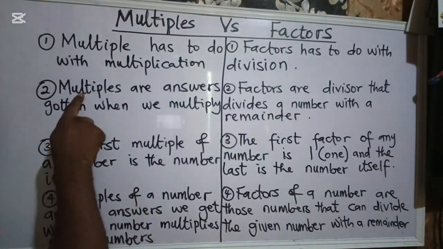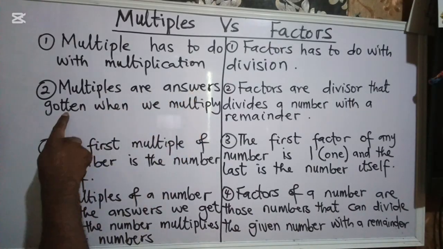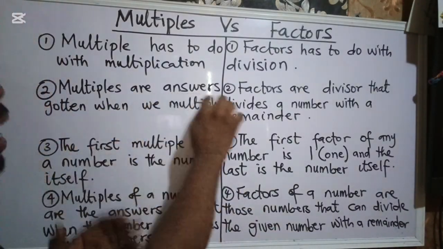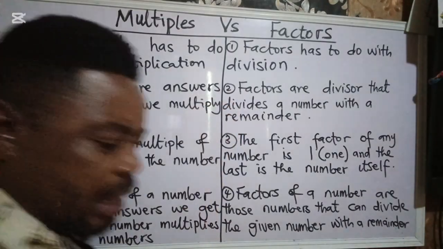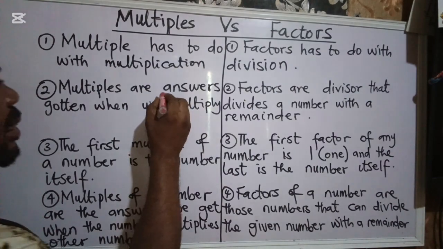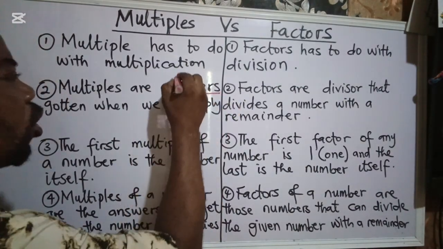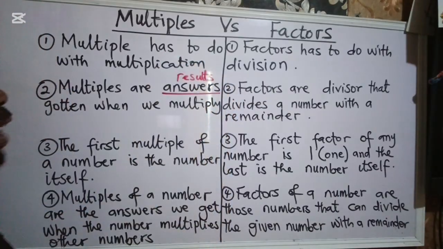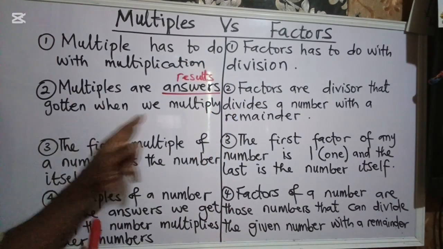Now, multiples are answers gotten when we multiply. Multiples are answers. You can call them results. They are the results that you get when you multiply.